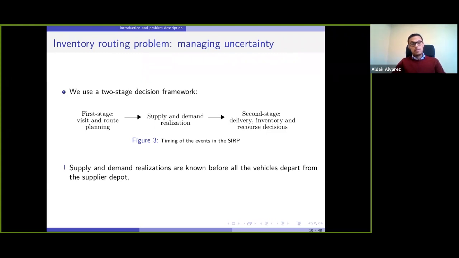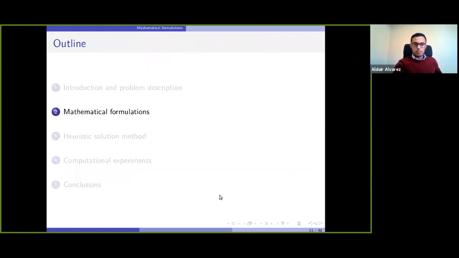And this is also in line with the practice in some industries in which you need to prepare certain resources beforehand, like your vehicle fleet and your drivers. You need to define that in advance, and then only when the time comes do you define your delivery sizes and so on. So this aligns well with practice and the literature.